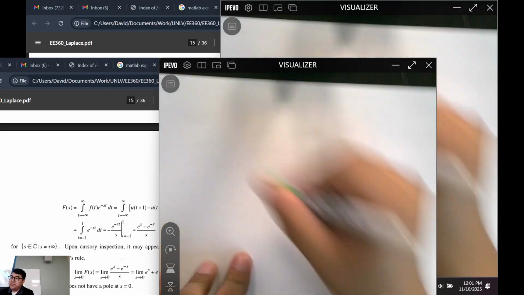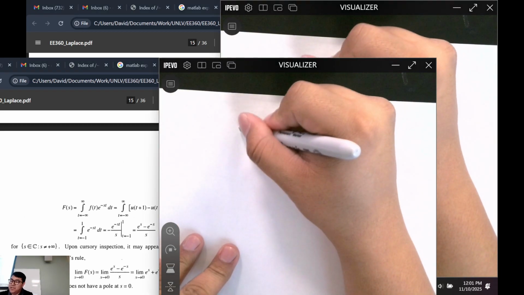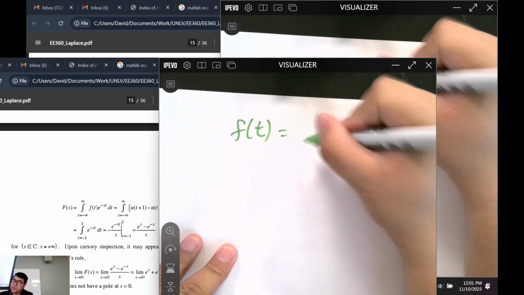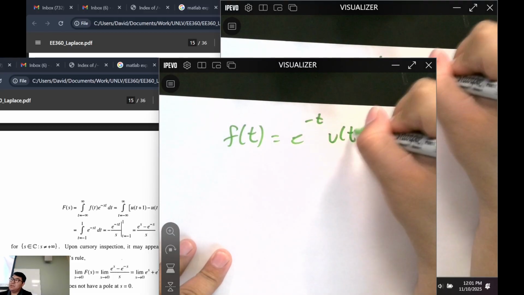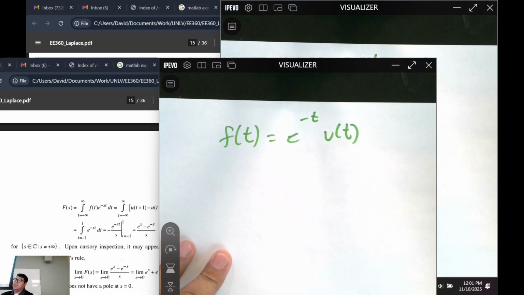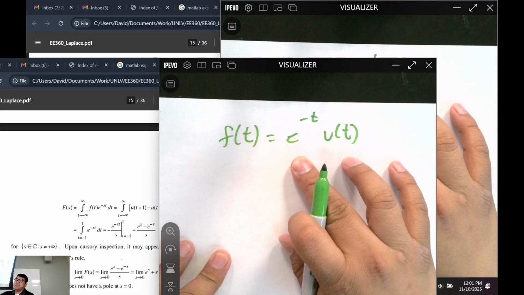It's page 5, page 6. So if you were given some f of t equal to e to the minus t, u of t, is that good? And then you were supposed to find the Laplace transform, right?